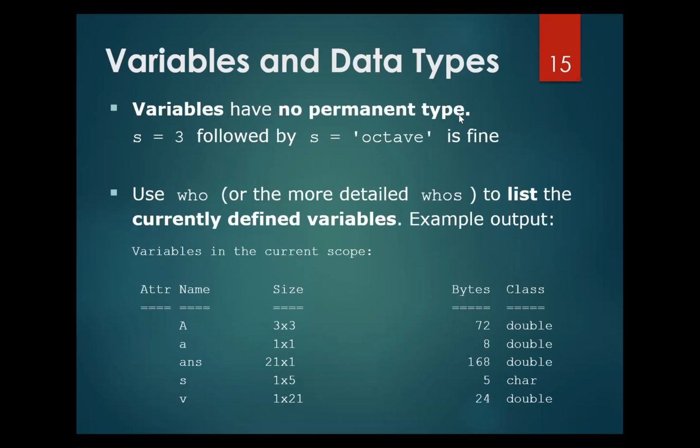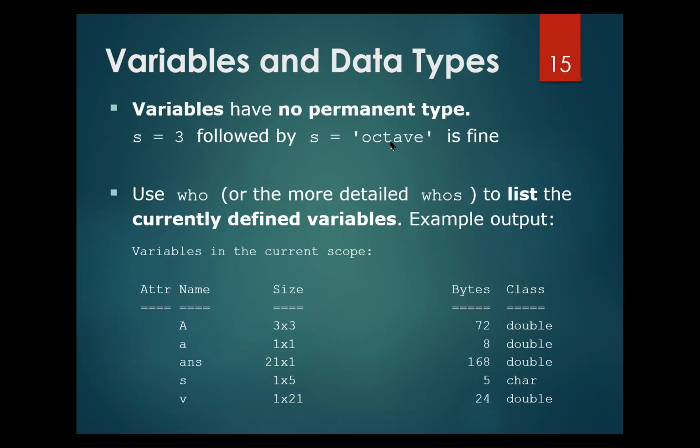Now, variables have no permanent type. What does it mean that variables have no permanent type? It means they can vary with their data types. You can store a number, which is an integer, in a variable, and then afterwards store a string in it, and then afterwards store another thing.